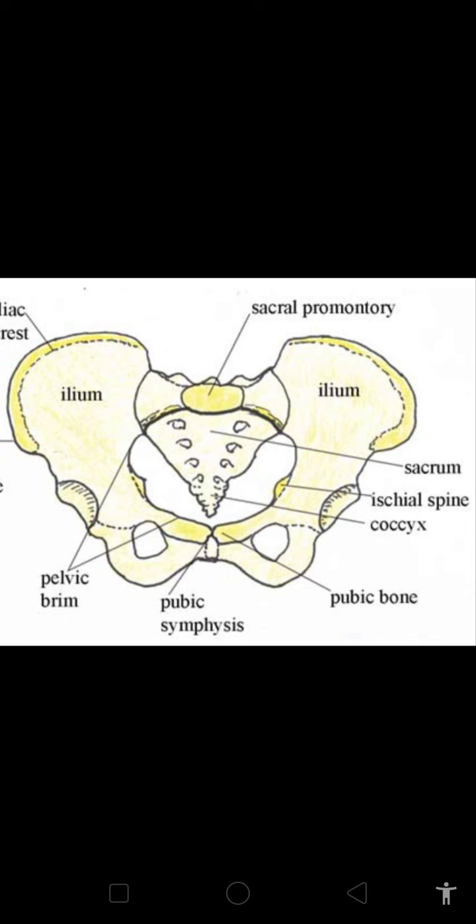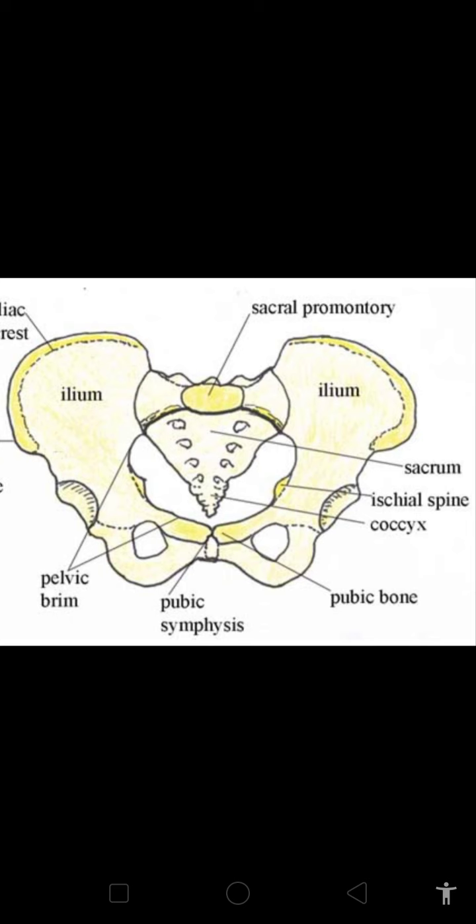The canal through which the fetal head must pass is called the obstetrical outlet. It is also known as the bony outlet, and it is diamond in shape.